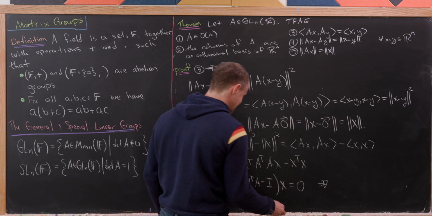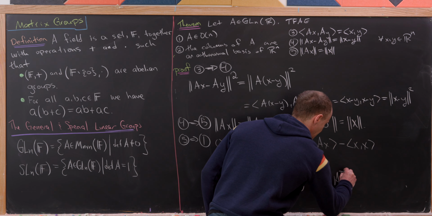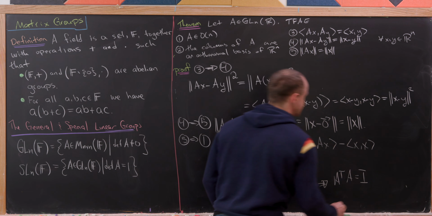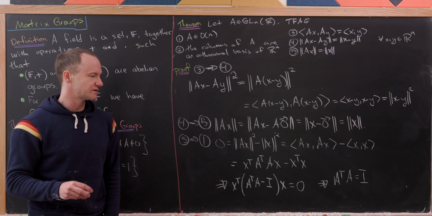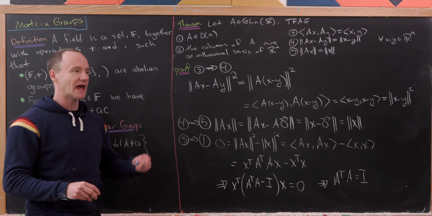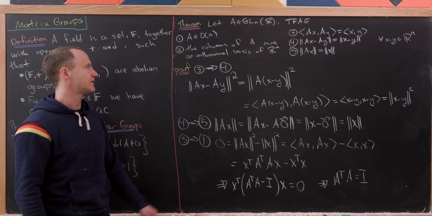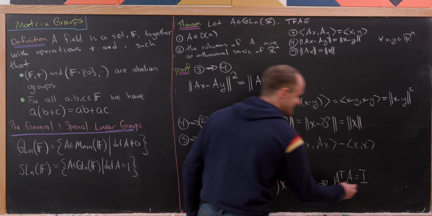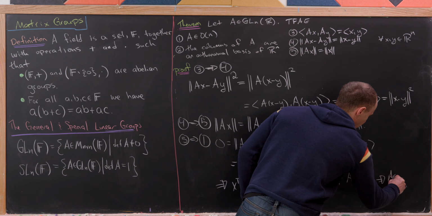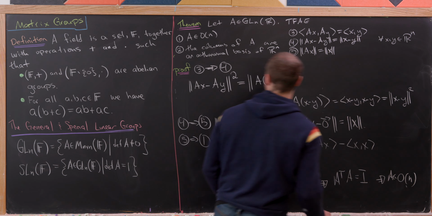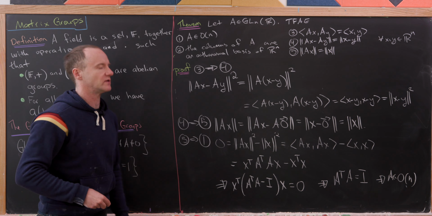But observe, that's the 0 matrix if and only if A transpose times A is equal to the identity. If A transpose times A is the identity, that means that A transpose is A inverse, which means we are inside of the orthogonal group. So that completes our loop of equivalence.